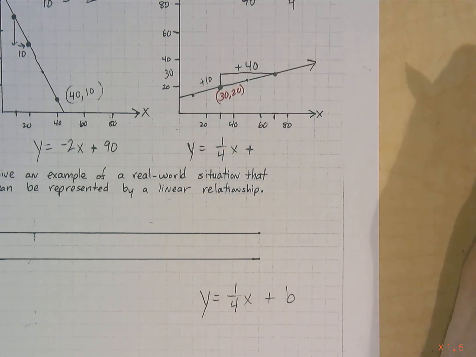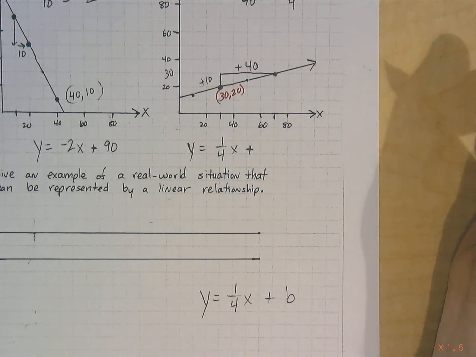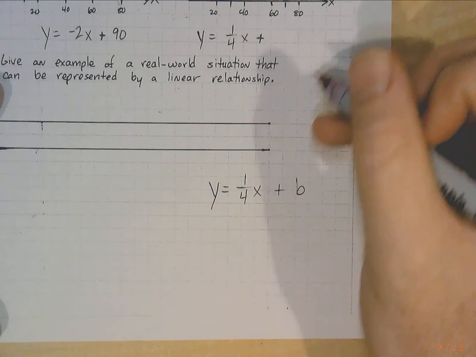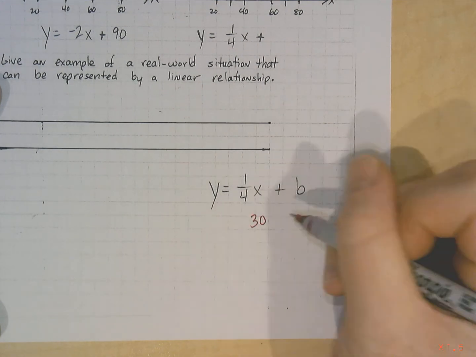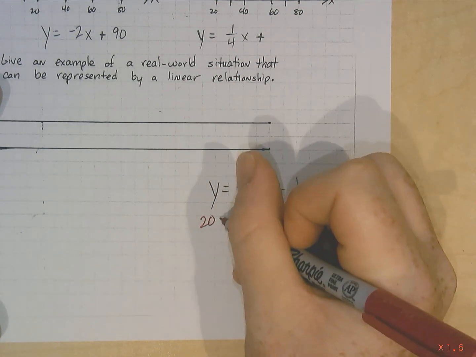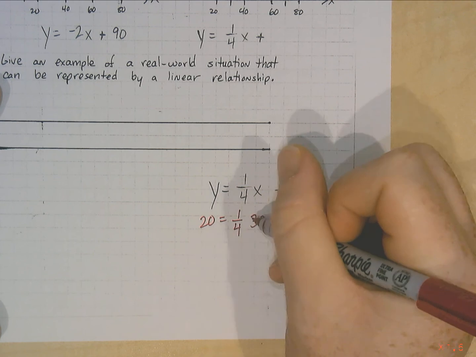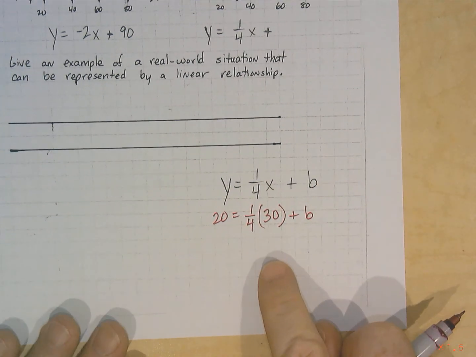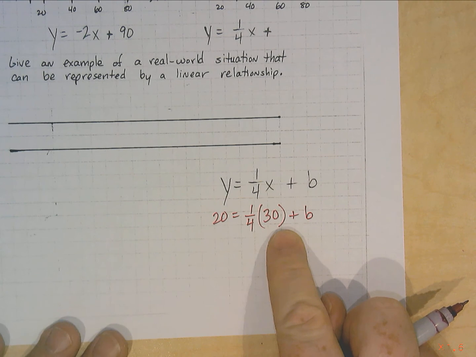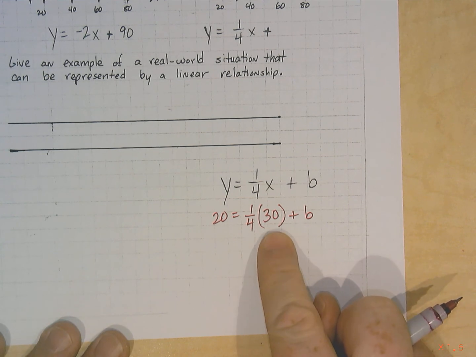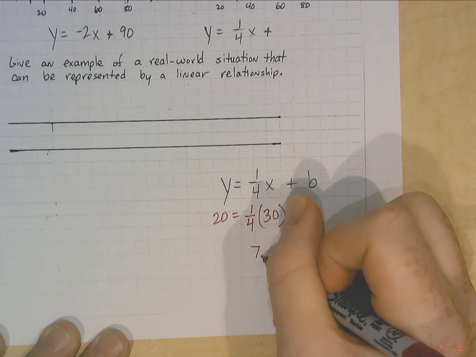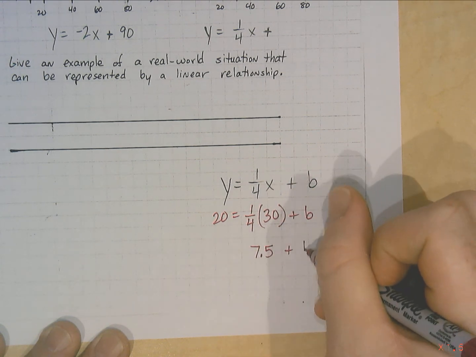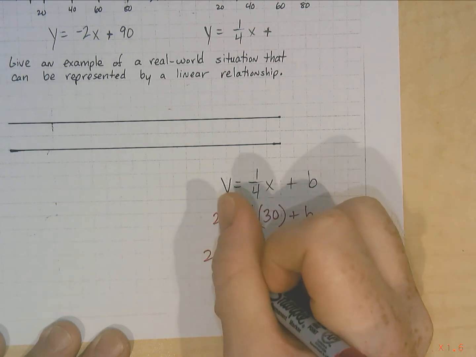Let's do 30, 20. Let's plug that in. So 30 is your X, 20 is your Y. So 1/4 times 30 plus B. Well, 1/4 of 30 basically means 30 divided by 4. That's what, 7.5? 7.5 plus B equals 20.